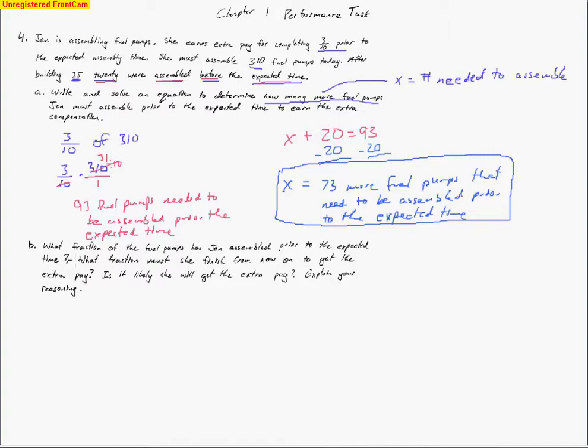It says, what fraction of fuel pumps has Jen assembled prior to the expected time? Well, what fraction has she done? Initially she's only completed 35 and she's assembled 20 prior to the expected time. So it would be 20 over 35, where 35 was the total number assembled.